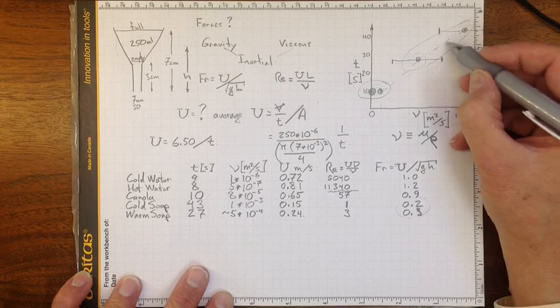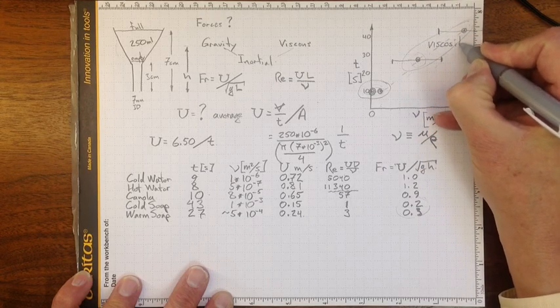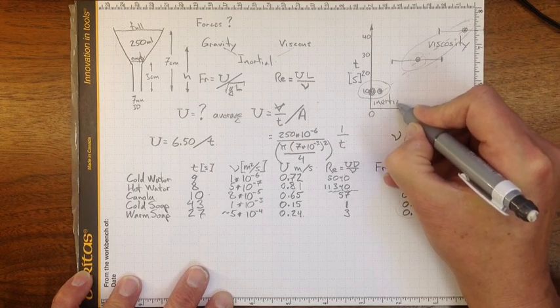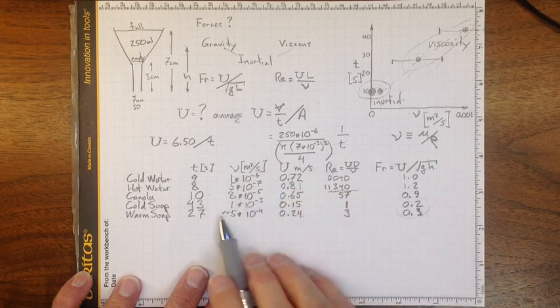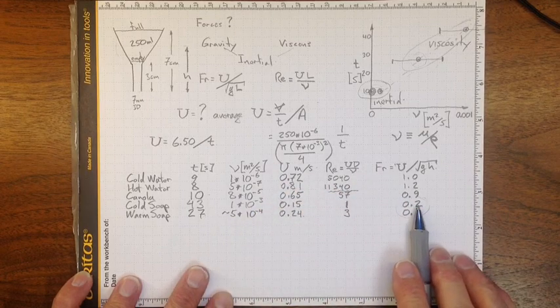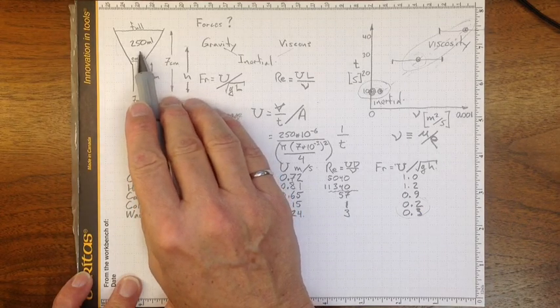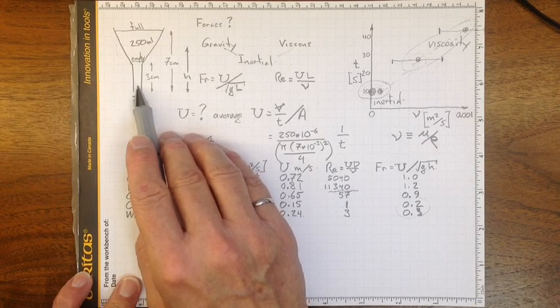High viscous force, this area dominated by viscosity, this area down here dominated by inertial effects. So we can get a lot of understanding of what's going on in our flow by examining the relative magnitude of the forces without actually doing the much more complicated calculation on exactly how fast the fluid is moving at a given time in a given location.